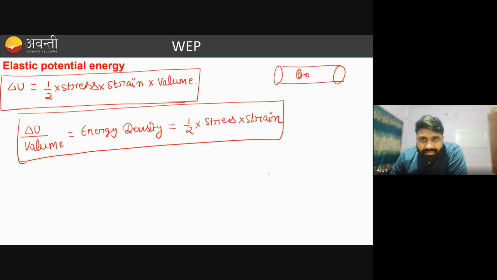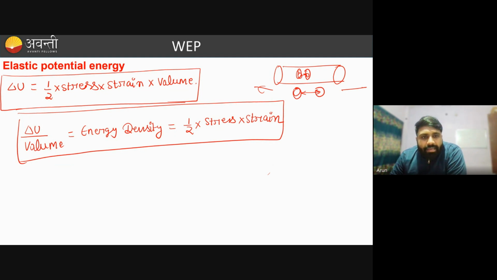Initially they are arranged in one position, but when we apply the force and stretch it, they arrange themselves in a different position. Due to this extension, elastic potential energy is stored in that system, which is given by half stress into strain into volume.